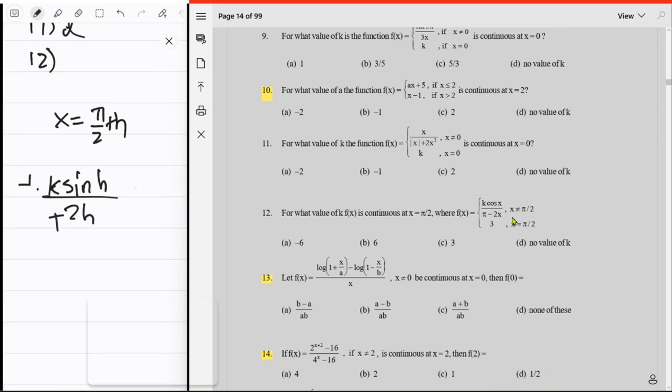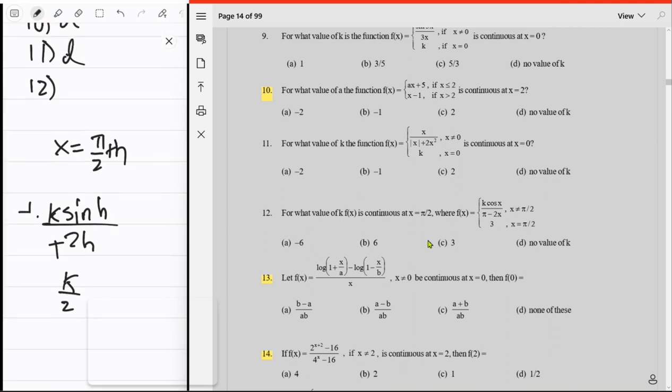So it's k sine of h upon 2h, which is approximately k upon 2. As h approaches 0, it becomes k upon 2. It's from both sides that this happens. So k upon 2 is equal to 3. K should be 6. Next question.